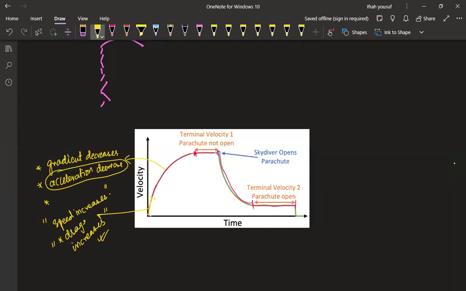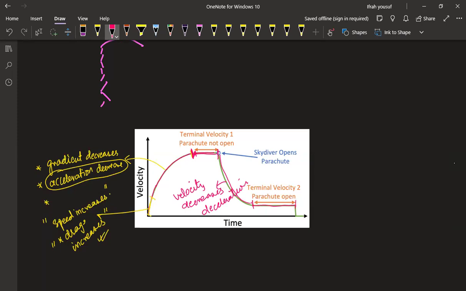And when the object reaches this point over here, you can see the object reaches the horizontal line. So what can we say? It reaches constant velocity, that is a terminal velocity. Is this clear? Okay. And over here, velocity decreases in this time, and deceleration is taking place.